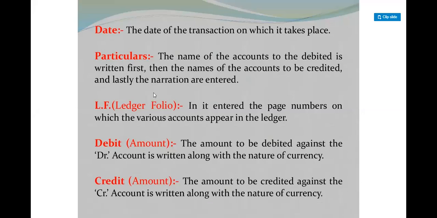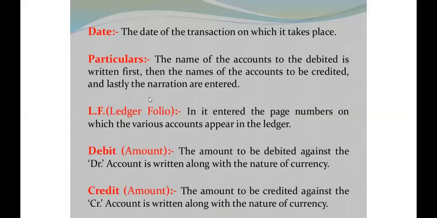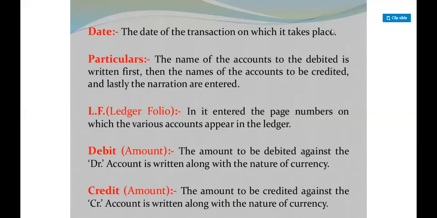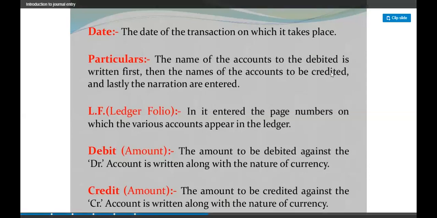So in particulars, firstly we'll be writing up debit, and then whichever account is to be credited you will be writing in the credit side. So सबसे पहले debit लिखा जाता है, then we write credit, and at the last of particular transaction you will be narrating it. Narrating means writing some summarized thing about the transaction.